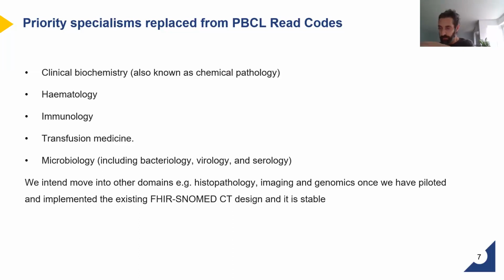Our discovery and our discussions with users and implementers are more indicative that what's required are value sets of implementable content of terminology, pertaining to disciplines ready for implementation, as opposed to an all-encompassing test list. And as we hopefully rebuild our team, we will move into other domains and look at discovery work there and how to represent that stuff. But currently, our prime directive is stabilizing the implementation of a FHIR SNOMED model.